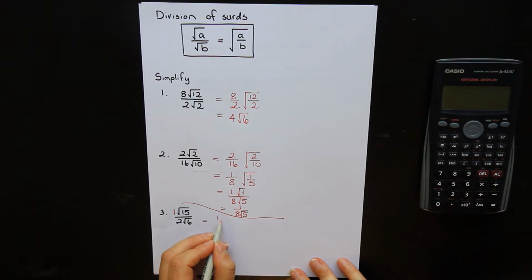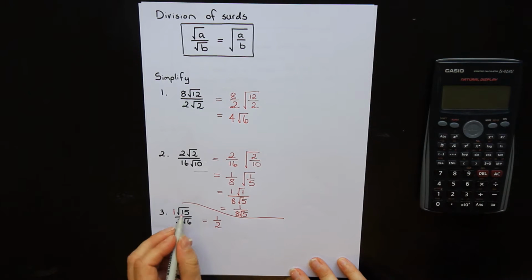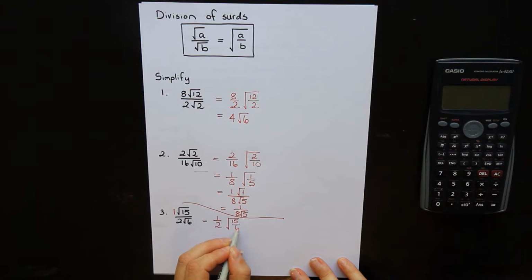I'm going to have a 1 over 2, these numbers here, out the front, and I'm going to change to be one big surd with the 15 on the top and the 6 on the bottom. Now, half is not going to simplify any further, but 15 and 6, I can divide both of those by 3. Giving me a 5 over 2.